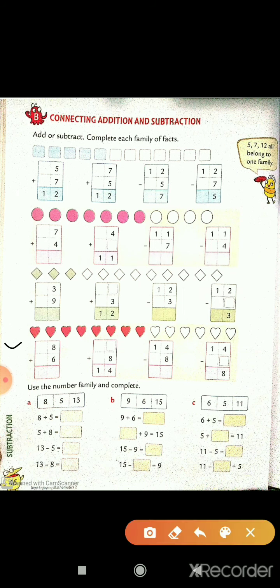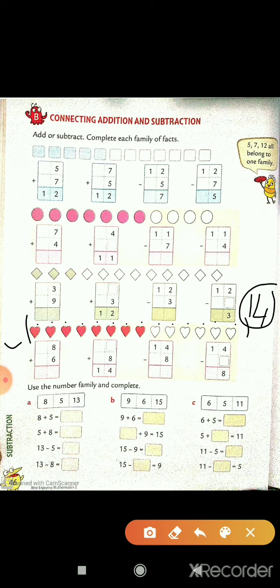Next, 8 plus 6 is equals to dash. Students, first count these numbers: 1, 2, 3, 4, 5, 6, 7, 8, 9, 10, 11, 12, 13 and 14. Total 14 are there. Got it?